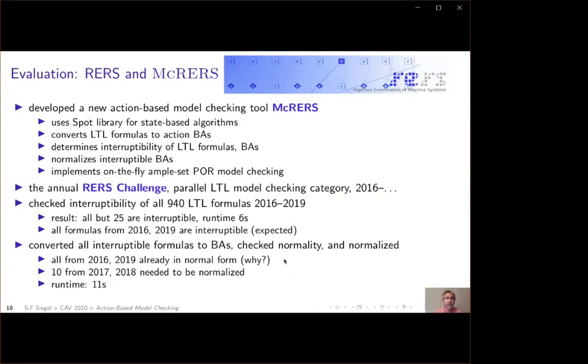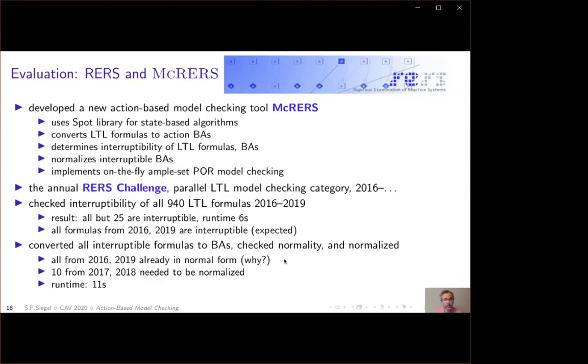We have used McRERS to check the interruptibility of all 940 LTL formulas from that challenge, and the result is that almost all of them are interruptible, the non-interruptible ones occurring in 2 of the years, and this agreed exactly with the expectations of the organizers who generated that suite.